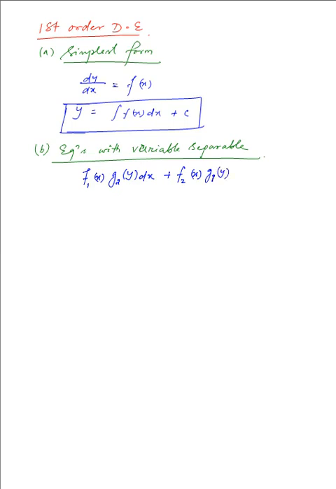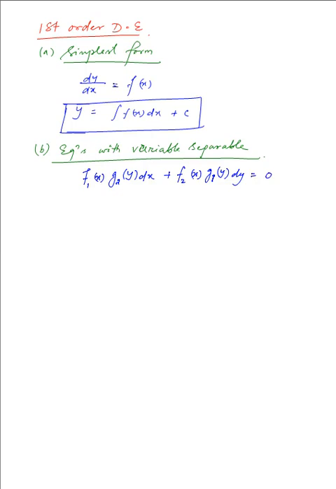So the g's are functions of y and the f's are functions of x, but they are not the same. One is f1, the other is f2. One is g1 and the other is g2, and this is multiplied by dy, and the equation is equal to 0.